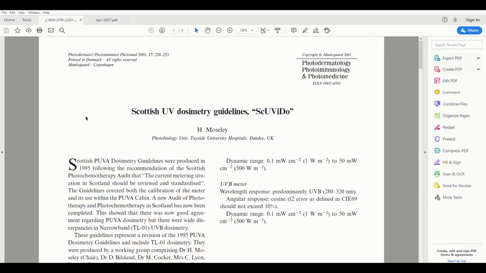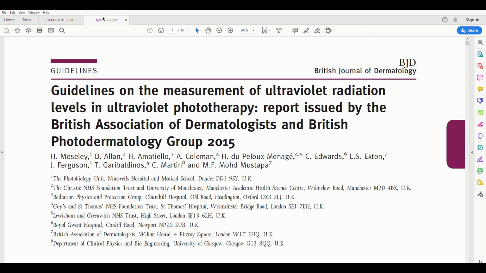There's a couple of publications that I can highly recommend that you read through. One is the Scottish UV Dosimetry Guidelines, and the other is the Guidelines on the Measurement of Ultraviolet Radiation Levels in Ultraviolet Phototherapy, which comes from the BAD and the BPG and was published back in 2015.